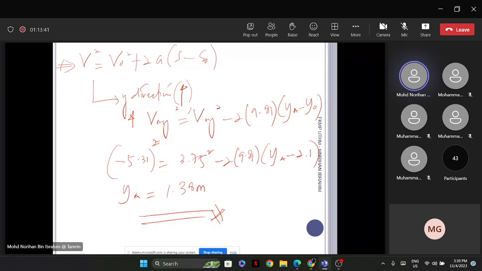And from this you can calculate or determine the magnitude of velocity just before it hits the pile at A, and also the direction of the velocity at A at the final position.